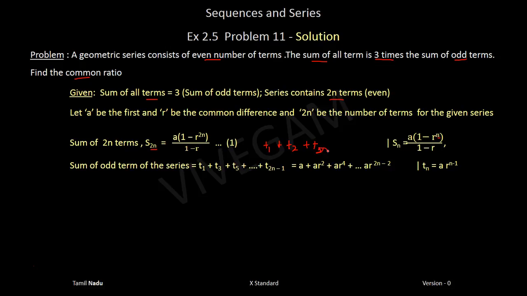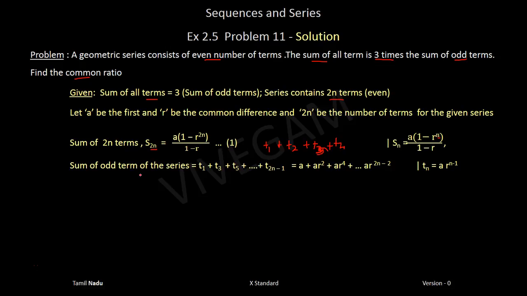It's very difficult to write. Oops, sorry, this is t3. See, this is an odd term, this is an even term, this is an odd term. And then next will be plus t4. So odd term, even term, odd term, even term.